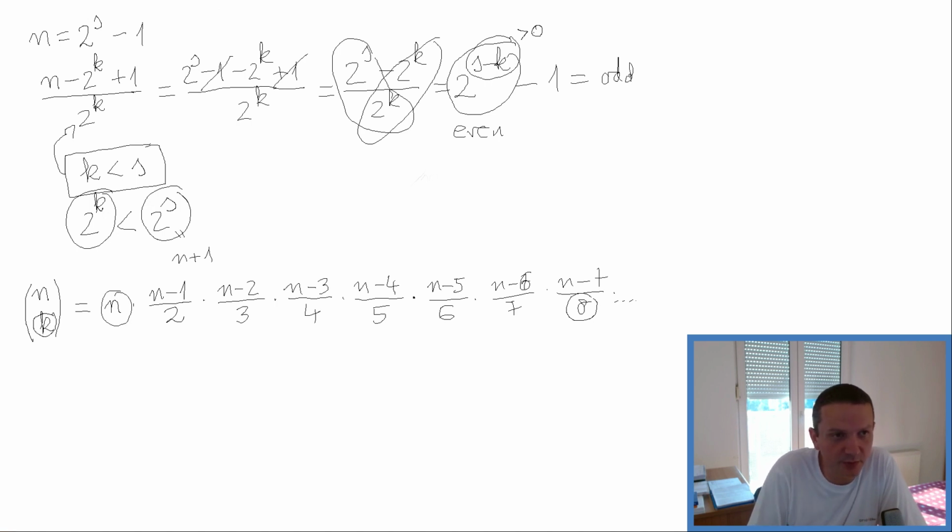First, n is odd if n is of this kind here. Again, if this is even, this is not even only if s is 0, but then n is 0, which is actually not possible, as we assume that n is a positive integer. So this is even, minus 1 is odd, so this one is odd.